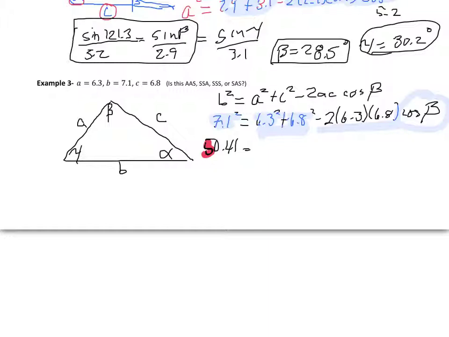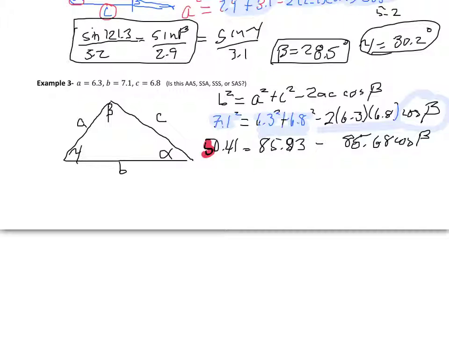Oh, so the sum is 85.83? Yeah. Okay, so now minus, and then what's 2 times 6.3 times 6.8? 85.68. Times the cosine of beta.